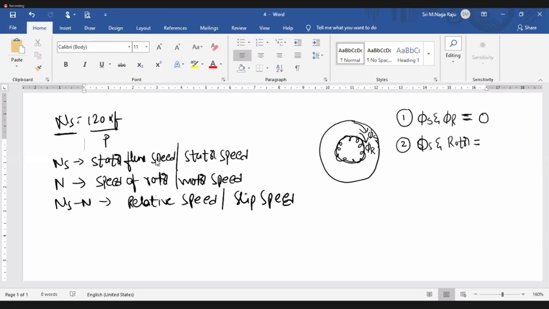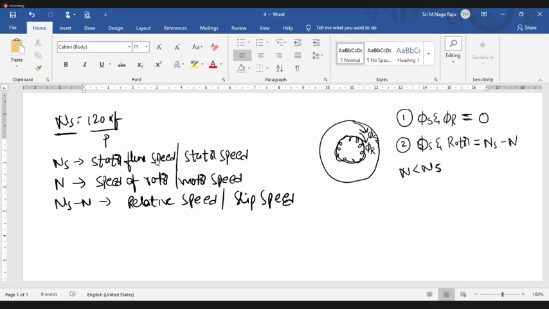Ns minus N. Yes, Ns minus N, slip speed. That is, the stator flux rotates with the speed of Ns. The rotor moves with the speed of N, always N less than Ns.